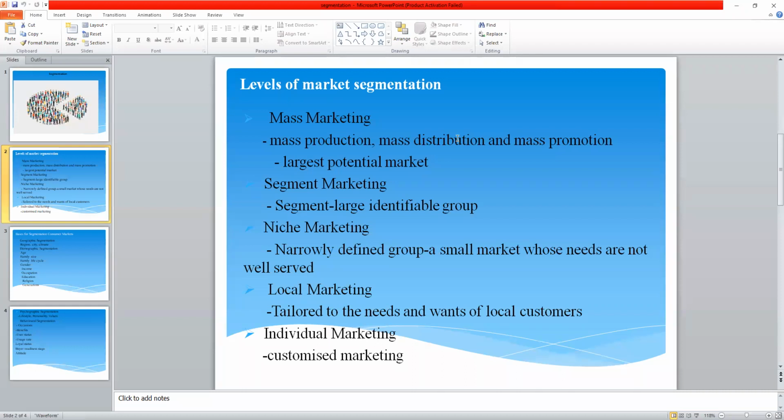Now, niche marketers presumably understand their customers' needs so well that the customers are willing to pay a premium price. If you take an example of a Ferrari, which gets a higher price for its cars, because loyal buyers feel no other automobile comes close to offering.